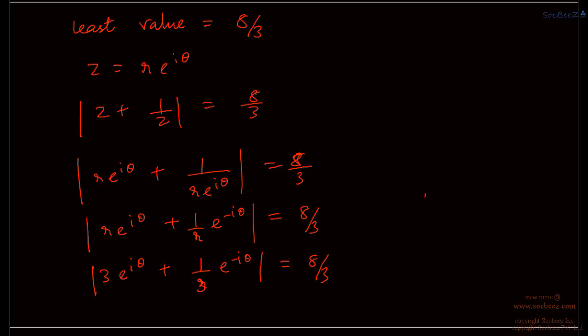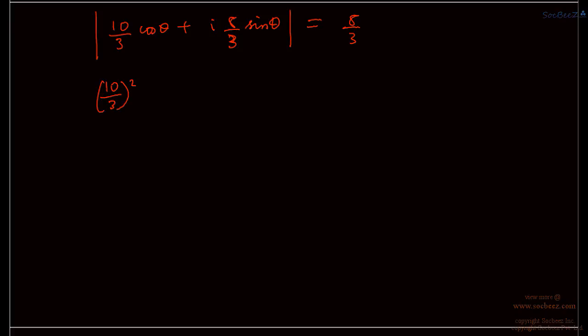Now e power i theta is nothing but cos theta plus i sin theta, and e power minus i theta is cos theta minus i sin theta. That gives us 10 by 3 cos theta plus 8 by 3 i sin theta. This is equal to 8 by 3.